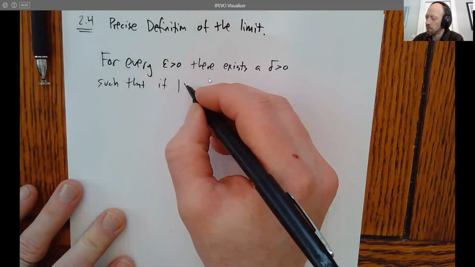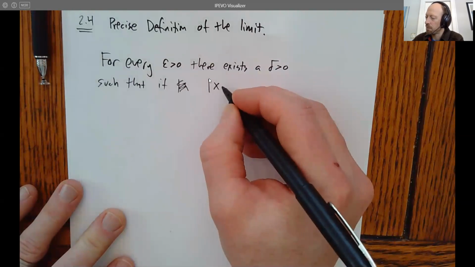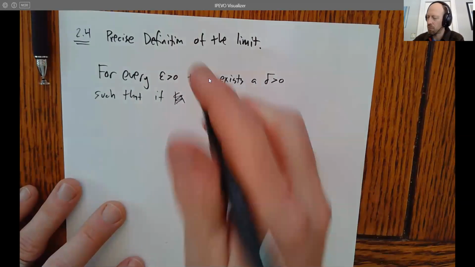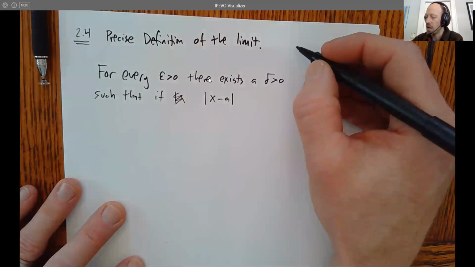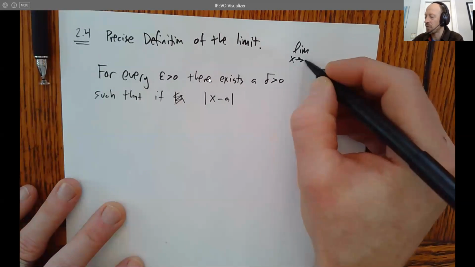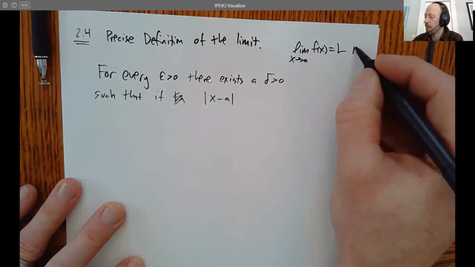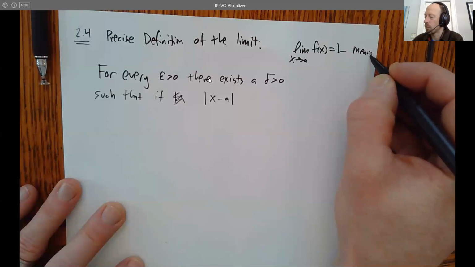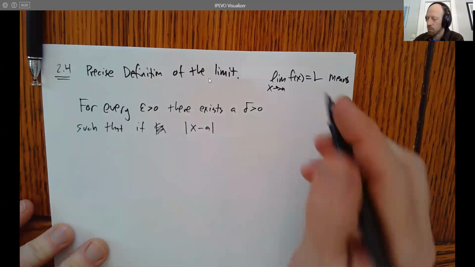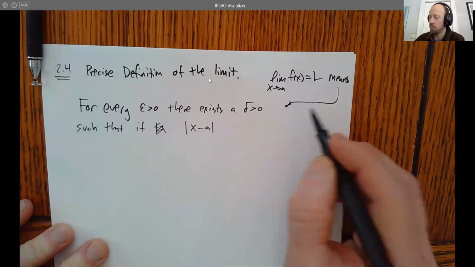if x minus a, sorry, it's kind of a hasty start here. What I'm defining is our statement. I'm saying the limit as x goes to a of f of x equals L. That statement means this.